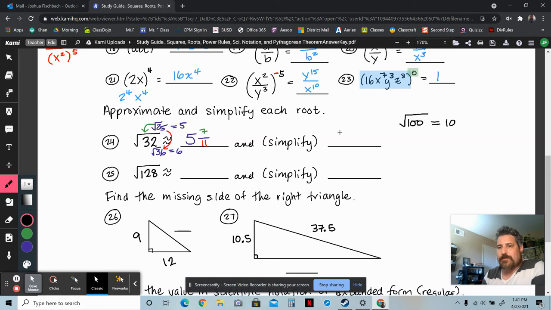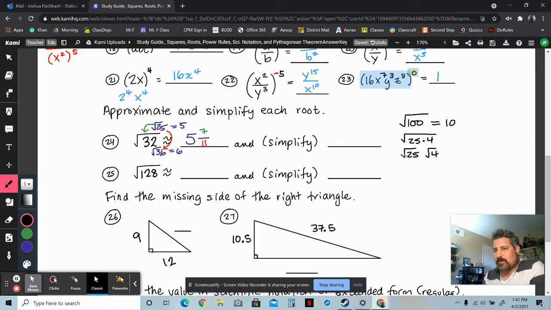I'm going to prove to you some things that you can do with this. We can write the square root of 100 as the square root of 25 times 4, right? Now, I want to show you that you can then separate it into individual root factors. So you can say the square root of the product of 25 and 4 is the same as the square root of 25 and the square root of 4.